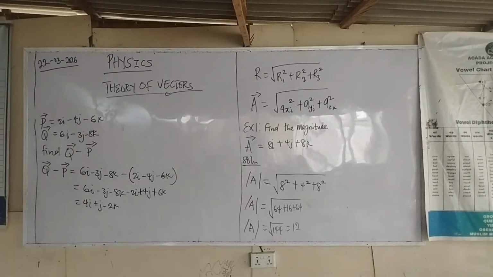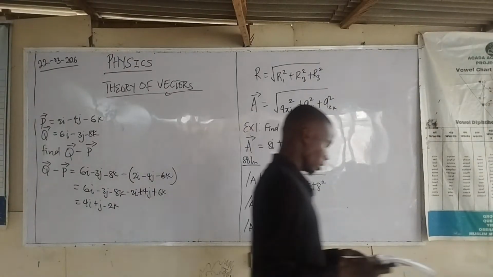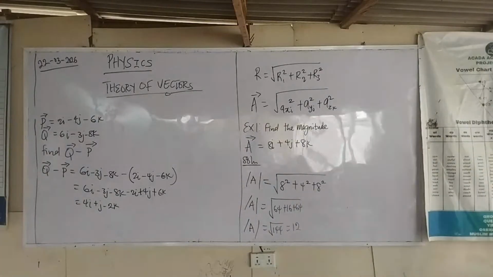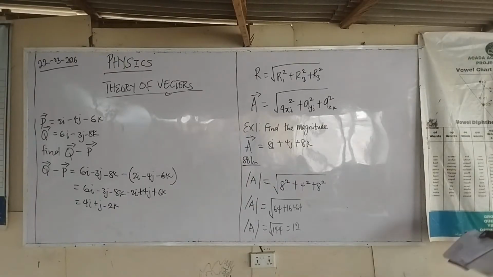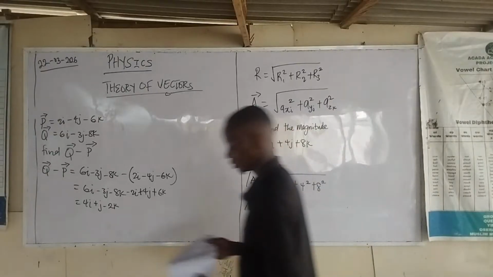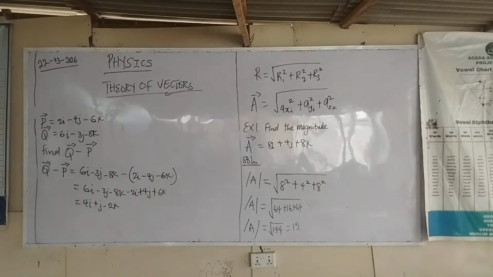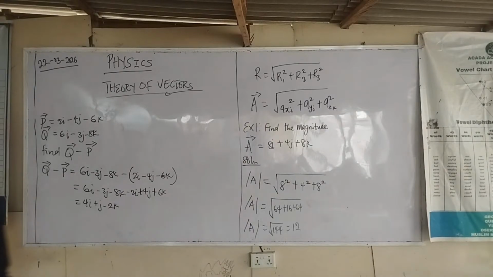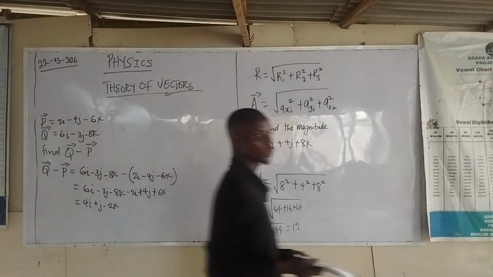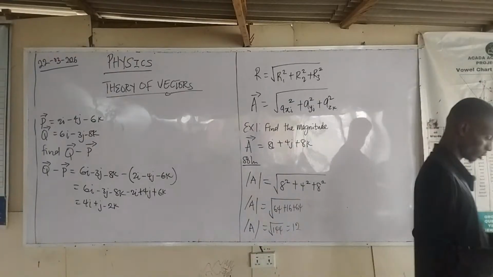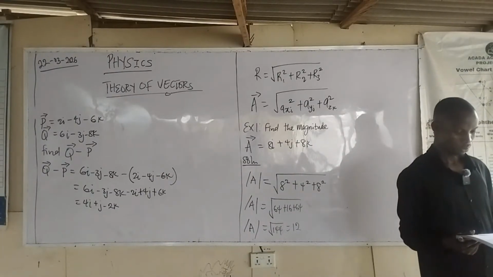One, scalar vector multiplication. And two, vector products.